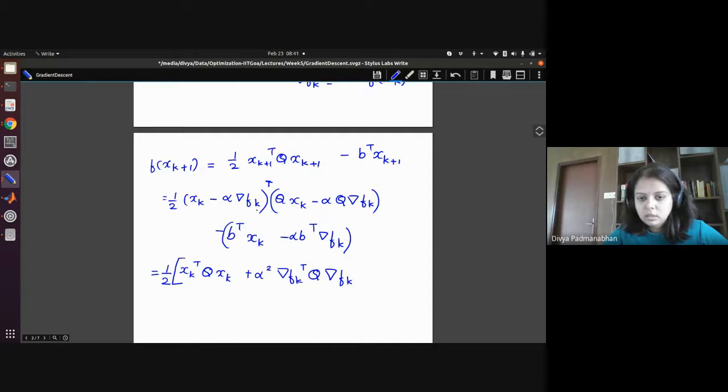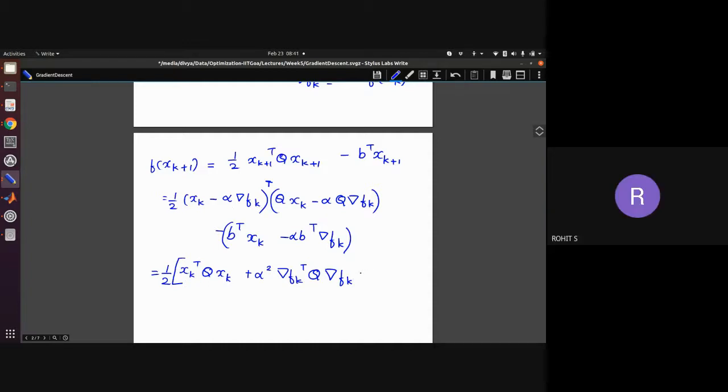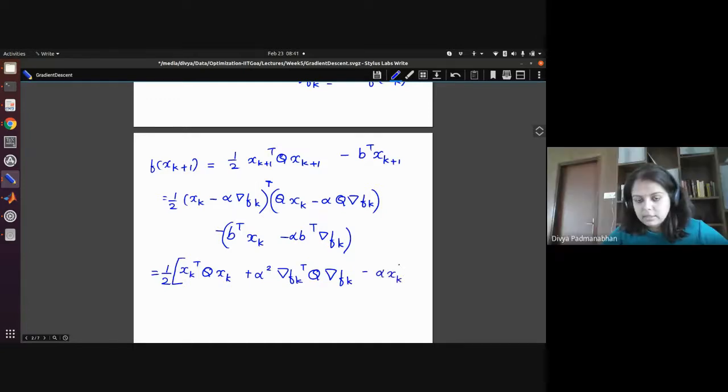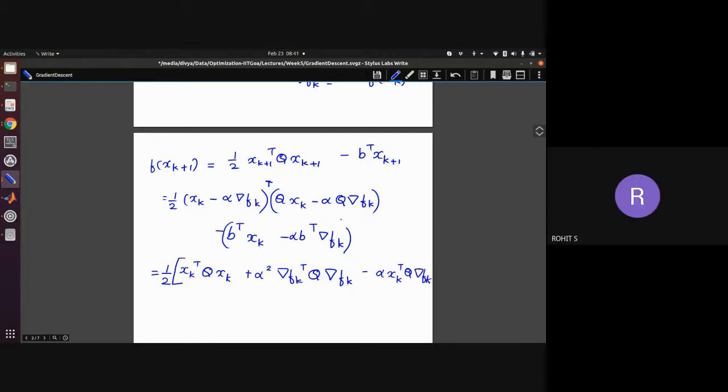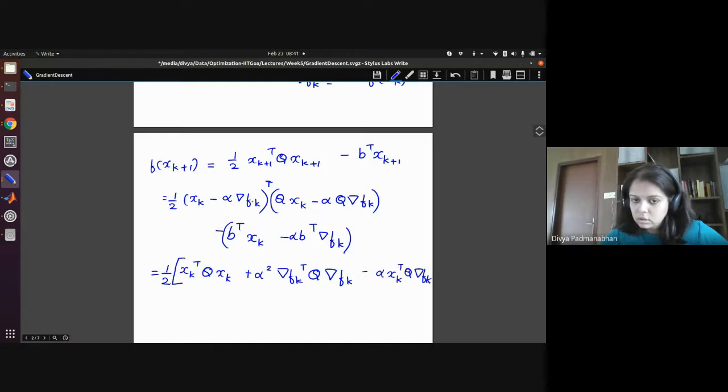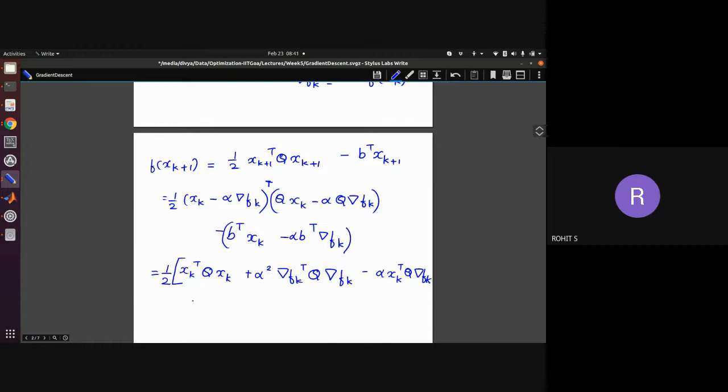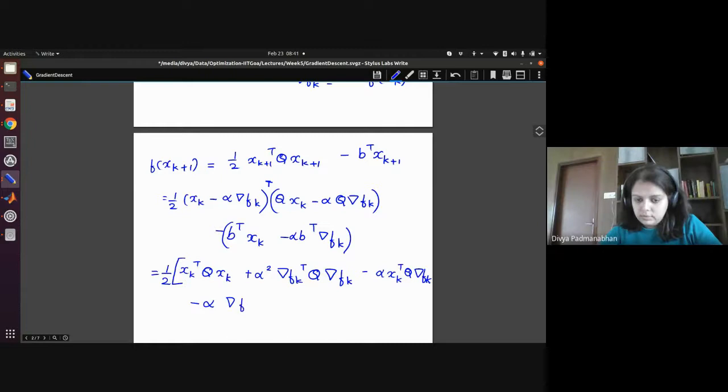And then we have something else: minus alpha x_k transpose Q grad f_k, and also minus alpha grad f_k transpose Q x_k, with the half in front.